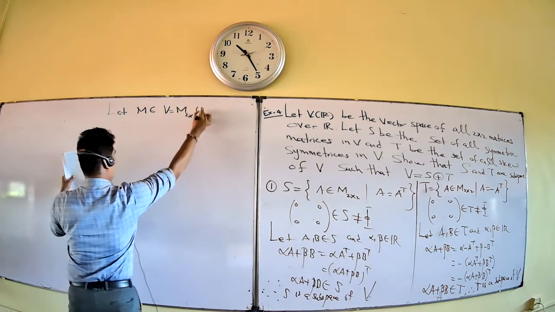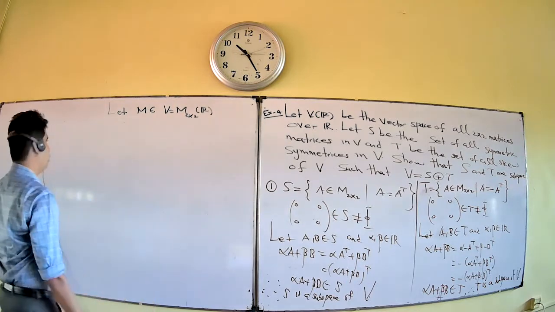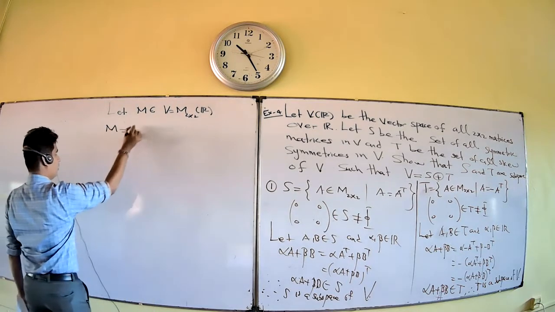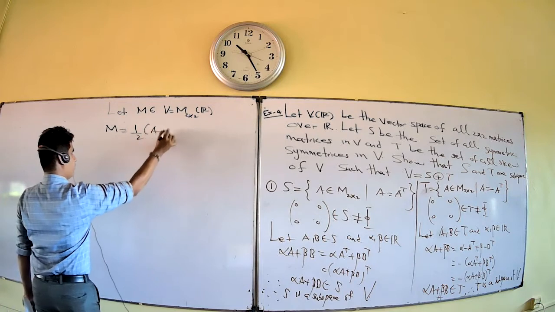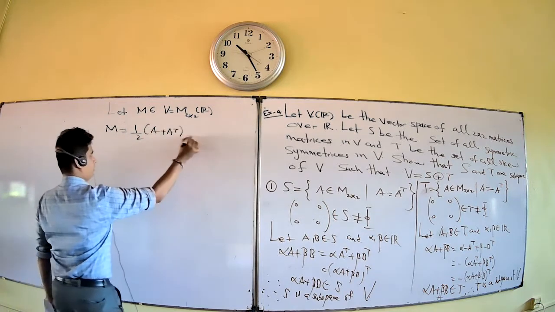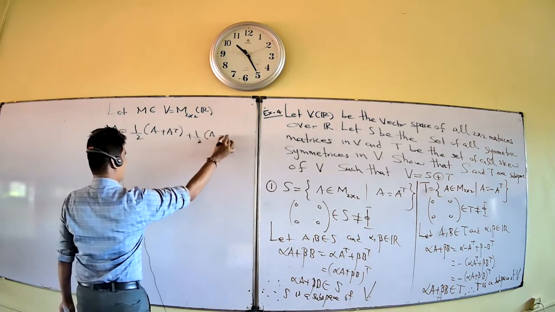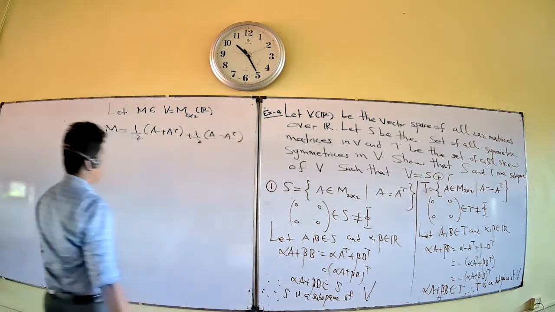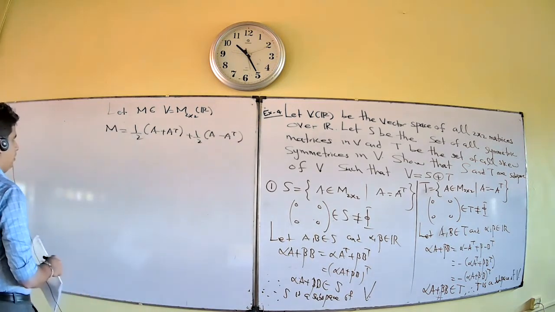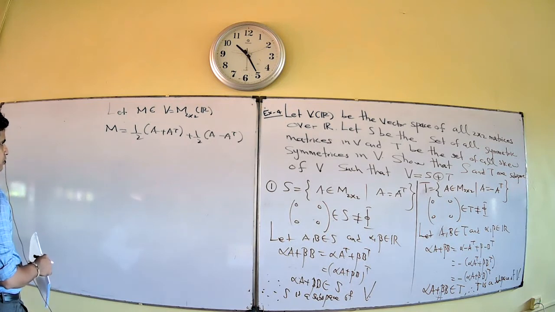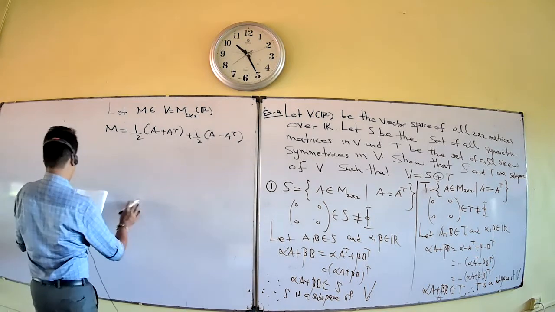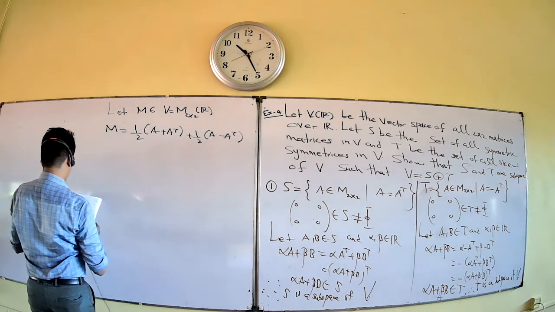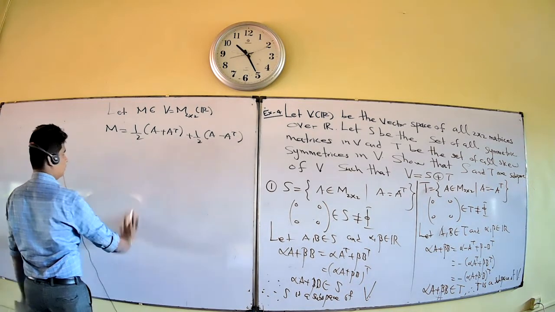This is a matrix of the form, so you can write M equals half times A plus A transpose plus again half times A minus A transpose.